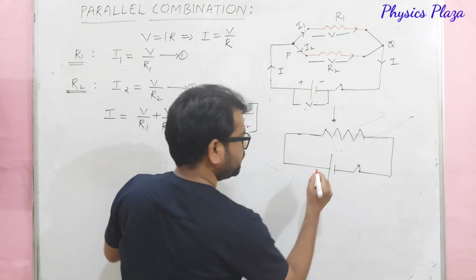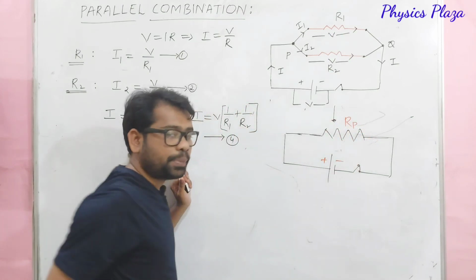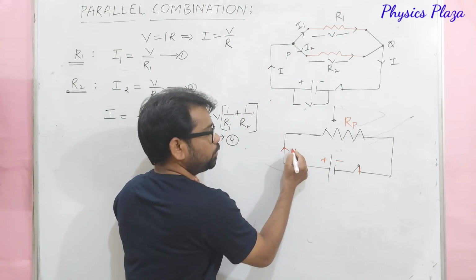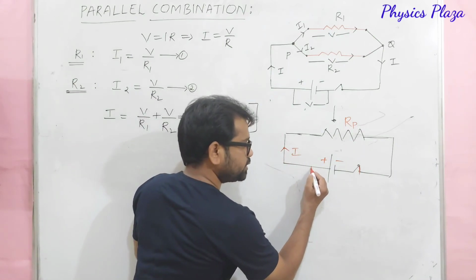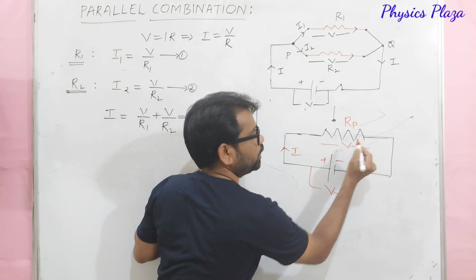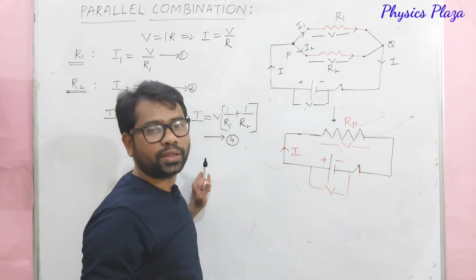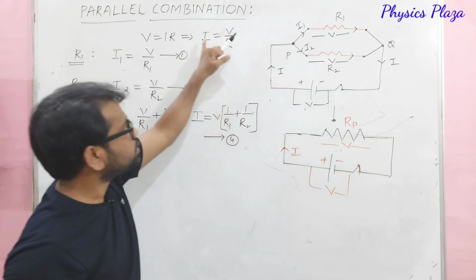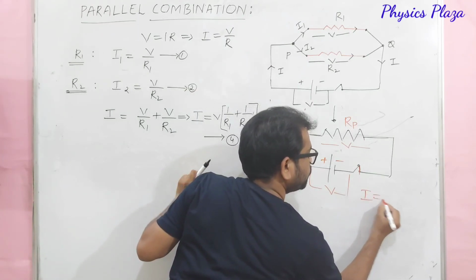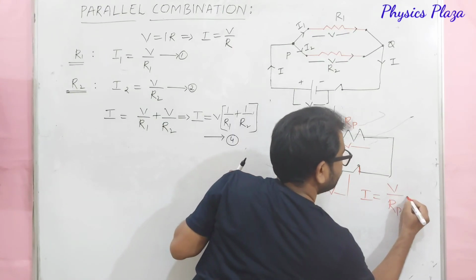This will be positive and negative. Let us say the resultant resistance is RP, as in a parallel combination. What happens when you switch this on? The current I flows through this, and as the potential difference across this is V, through this how much current is flowing? I current is flowing. Now let us apply Ohm's law: I is equal to V by R. So we can write I is equal to V by RP. Let it be equation 5.